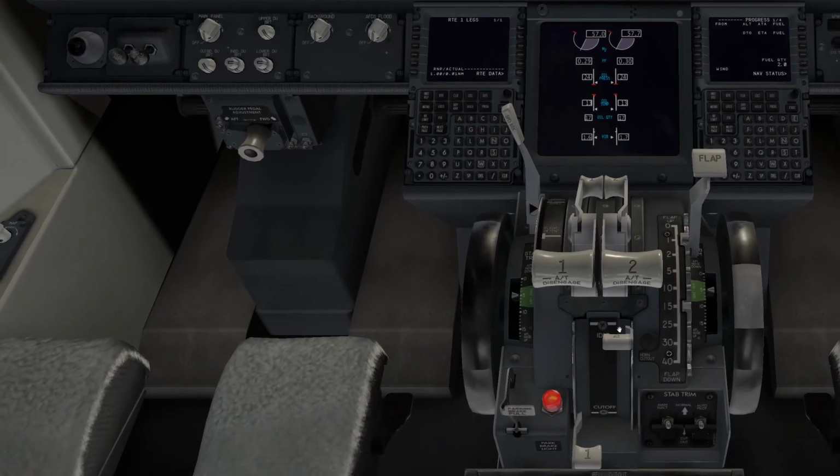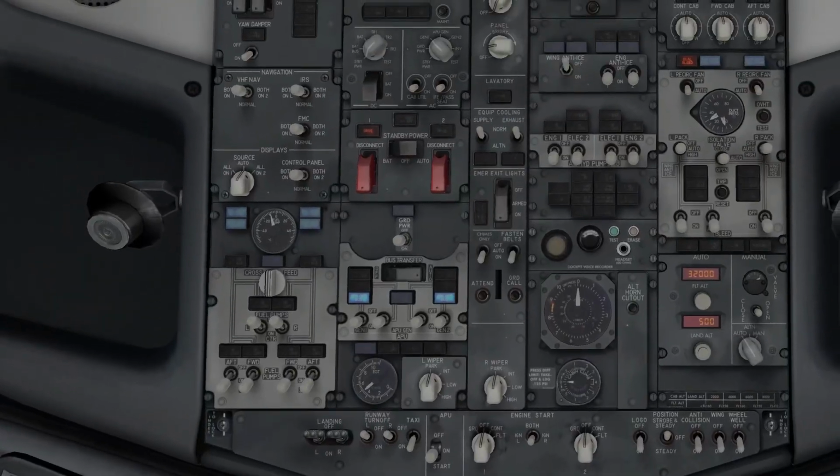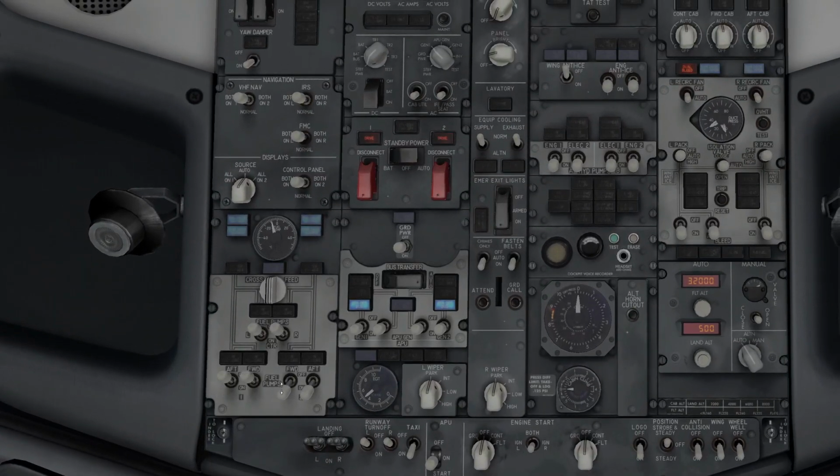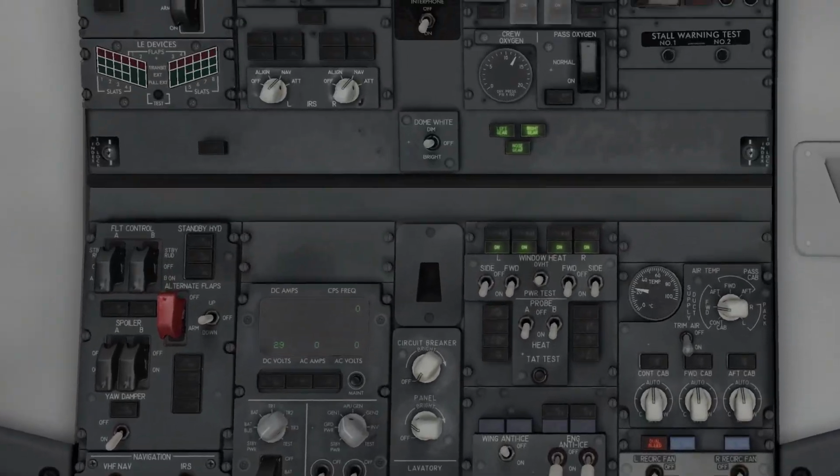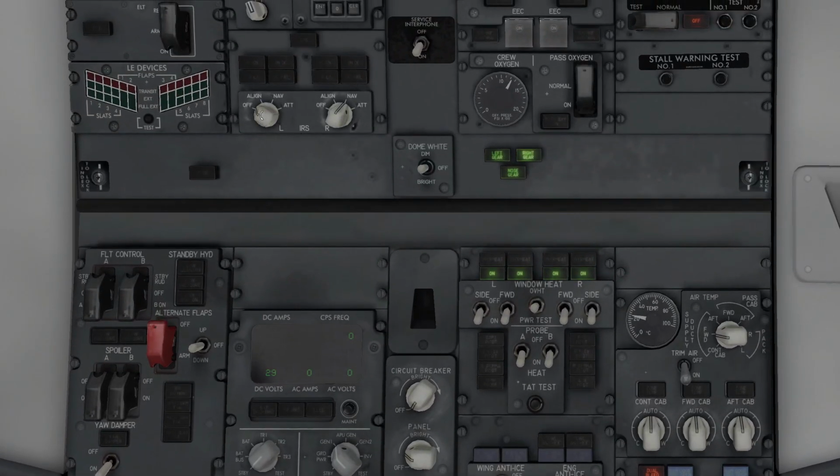Fuel engine number 1 off. Engine number 2 off. Fuel pumps off. Taxi lights off. Strobe light off. Anti-collision light off. Wing light off. IRS off.